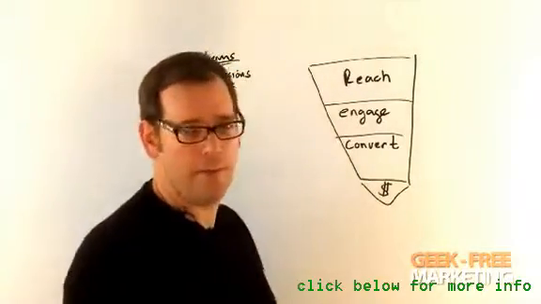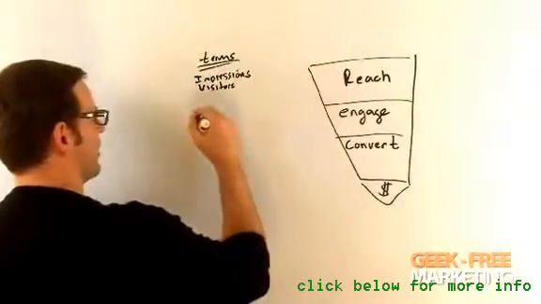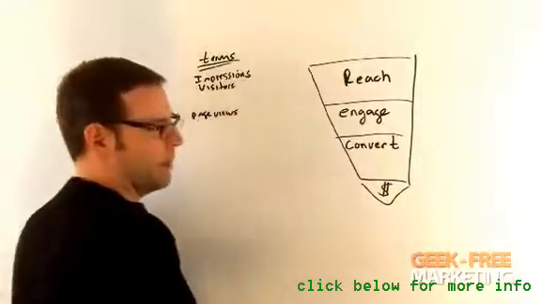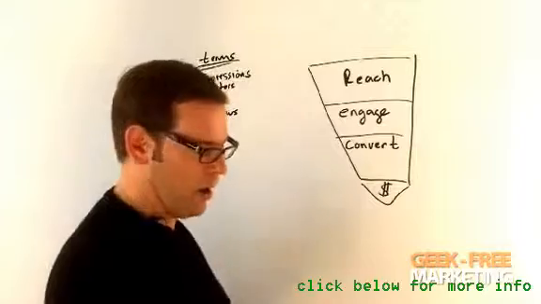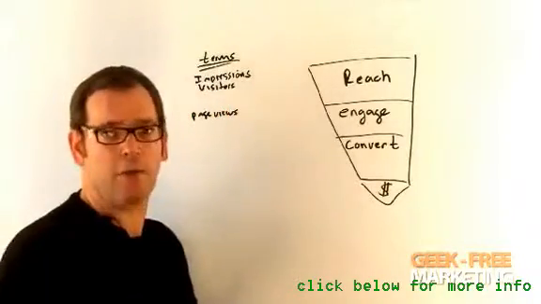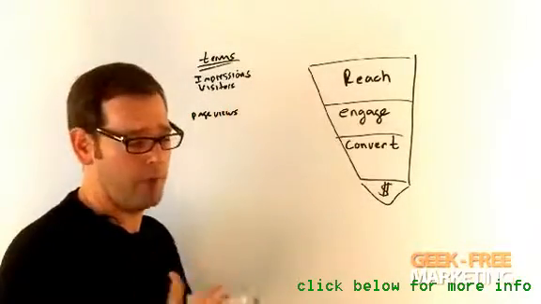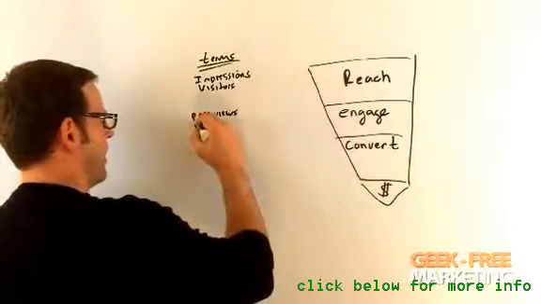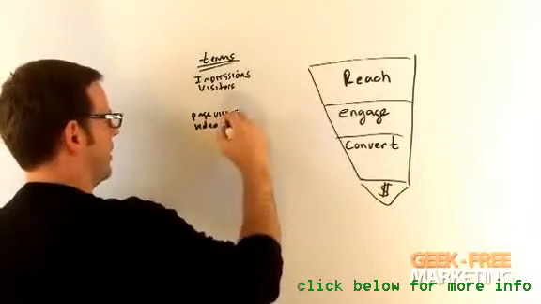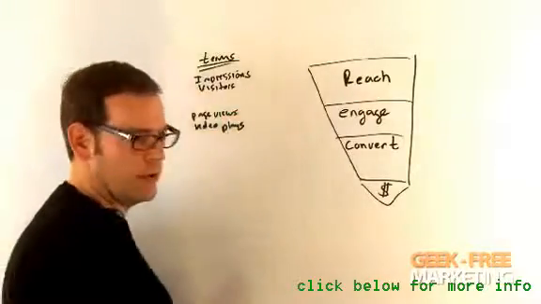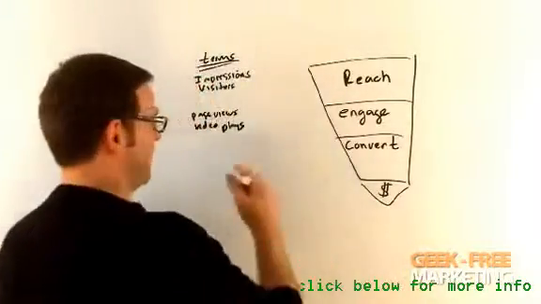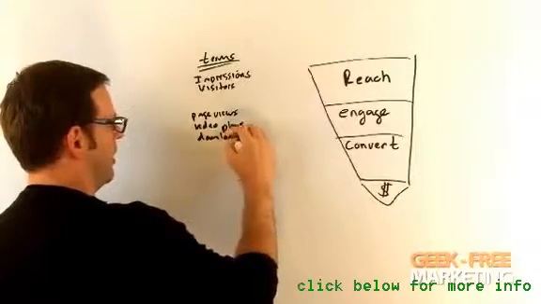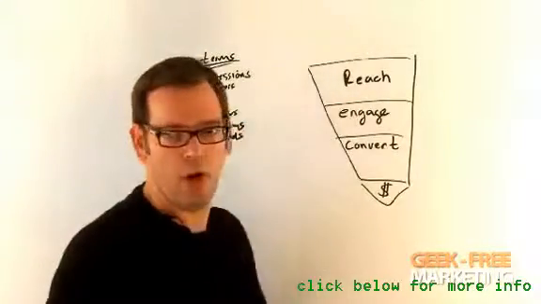For engagement, you might hear terms like page views, anything that describes whether people last more than those first 3 seconds before they bounce. You might measure that by video plays. Another way to look at engagement, if you have an ebook or something on your site, is downloads.